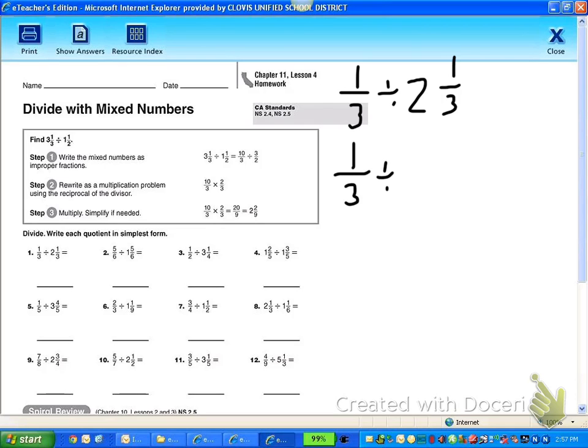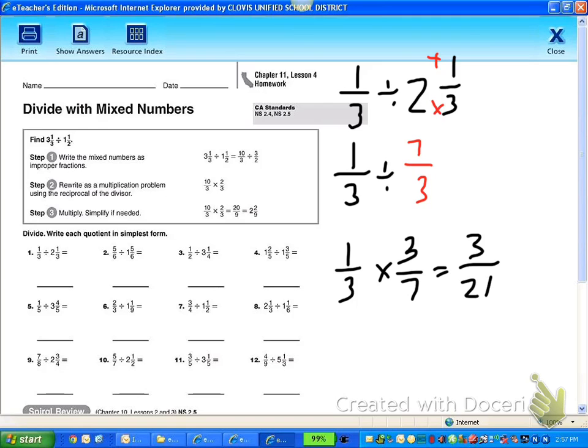We're going to change this into an improper fraction. 3 times 2 is 6, plus 1 is 7 over 3. And then we're going to do our keep, flip, change. Multiply across to get 3 over 21, and then we can reduce. 3 divided by 3 is 1, and 21 divided by 3 is 7. So number 1 is 1/7.